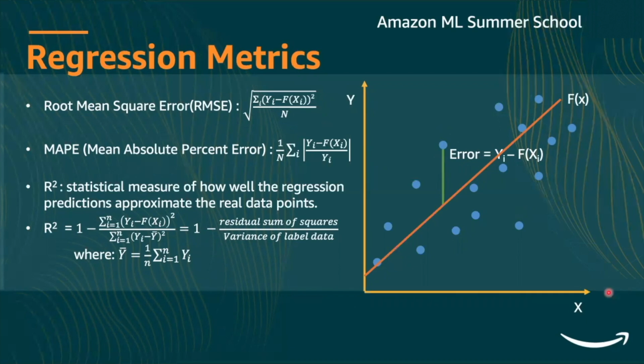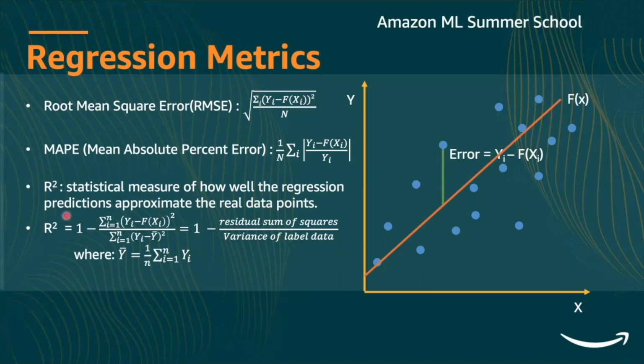It provides a measure of how well observed outcomes are replicated by the model, or more simply, it evaluates the scatter of the data around the fitted regression line. It is based on the proportion of total variation of outcomes explained by the model. It's a statistical measure of how well the regression predicts the real data points, how well this line predicts these.